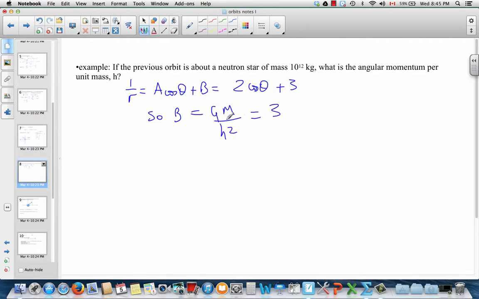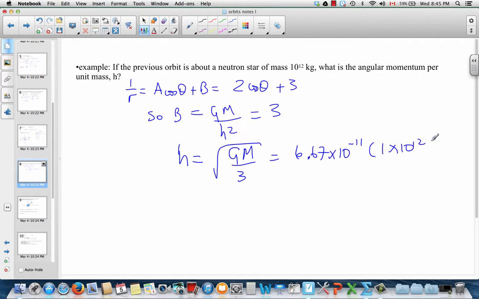So we can solve for the h constant. It's going to be GM over 3 square rooted. So we put in the universal gravity constant. We put in the mass of the neutron star. We divide by 3, and we take the square root. And I get 4.7 units.